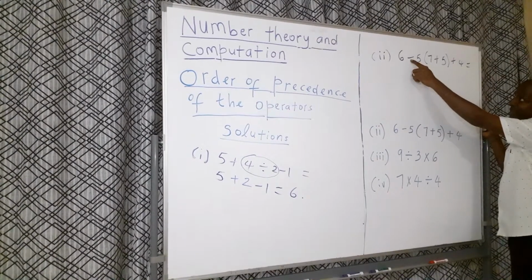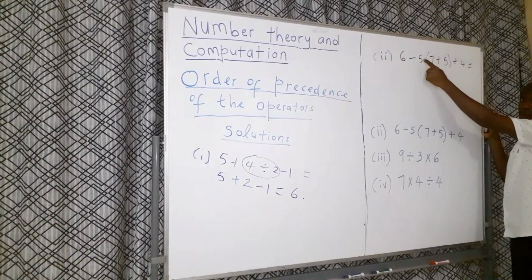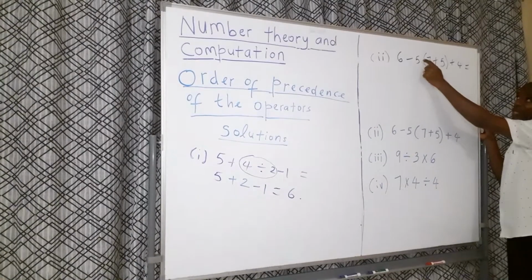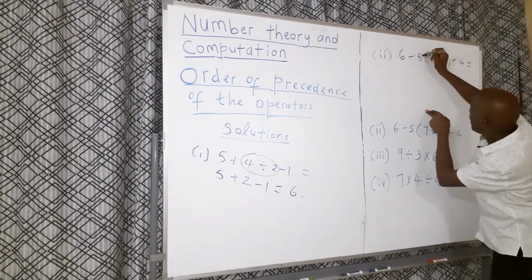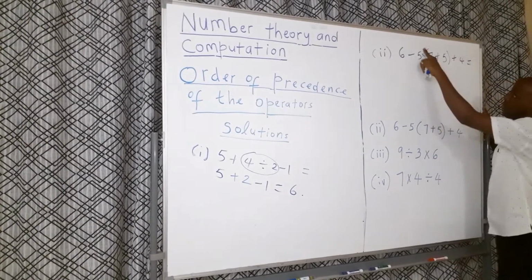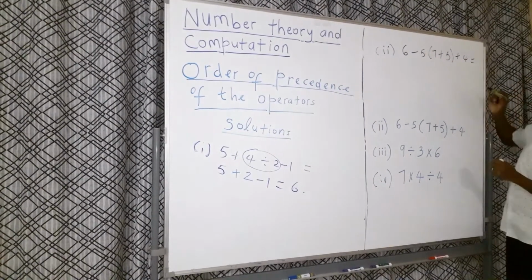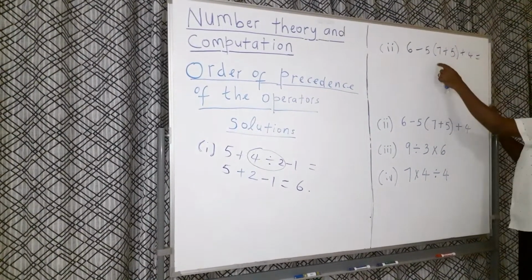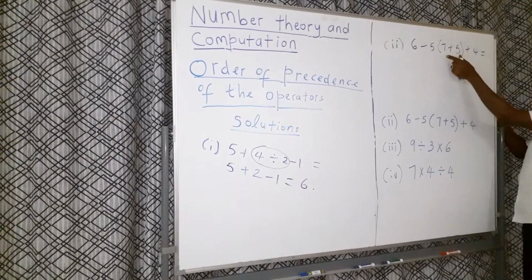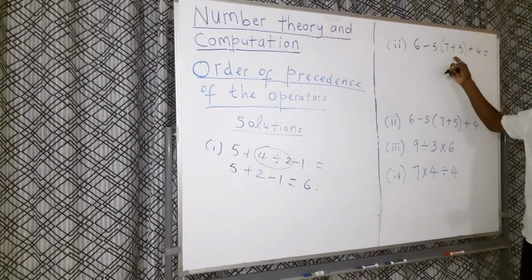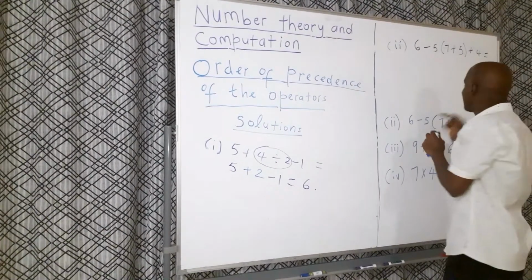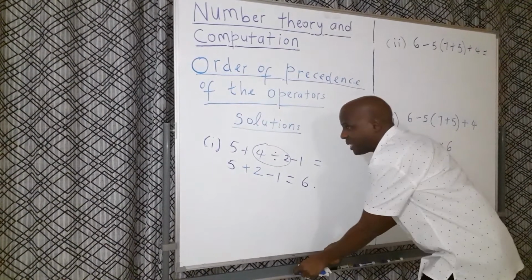We have a minus here, we have a multiplication, because the bracket means multiplication, so the multiplication sign is understood to be there. Then we have the addition inside the bracket. So the bracket has to be done first. It takes the highest order of precedence.